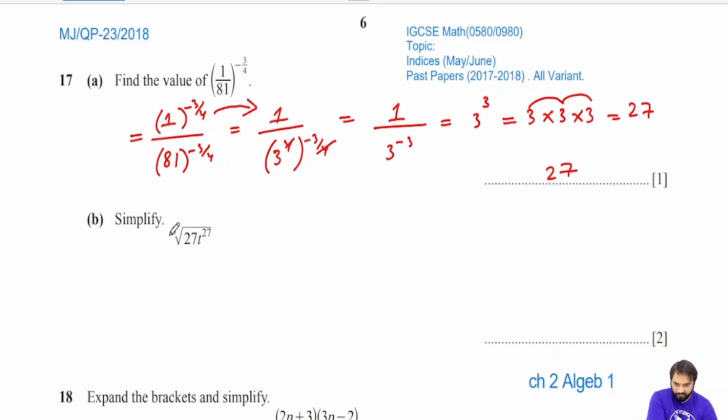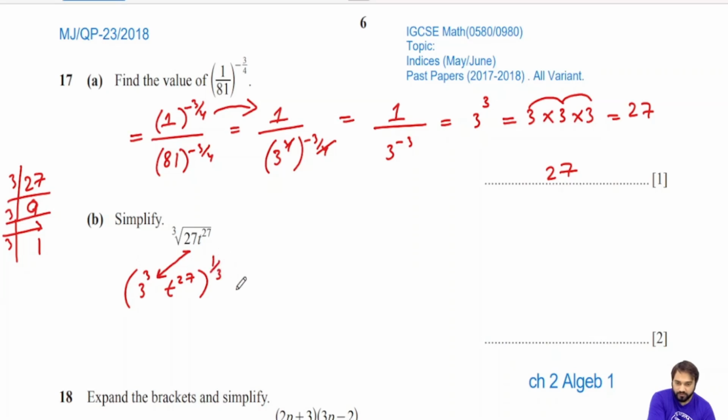B part is simplify cube root of 27 t raised to power 27. Again, the prime factors of 27: 3 times 3 is 9, 9 times 3 is 27. So I can write 27 as 3 raised to power 3, and t raised to power 27 remains the same, whole power 1 over 3.